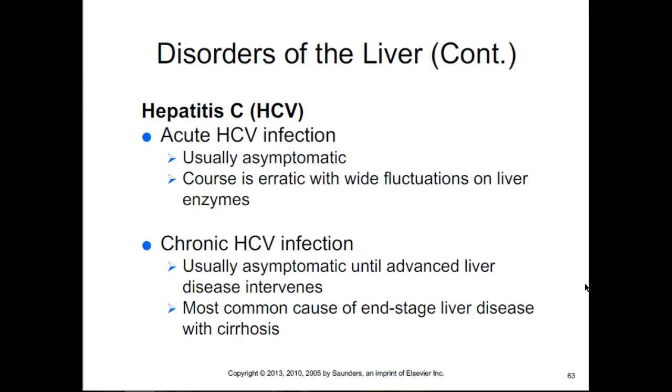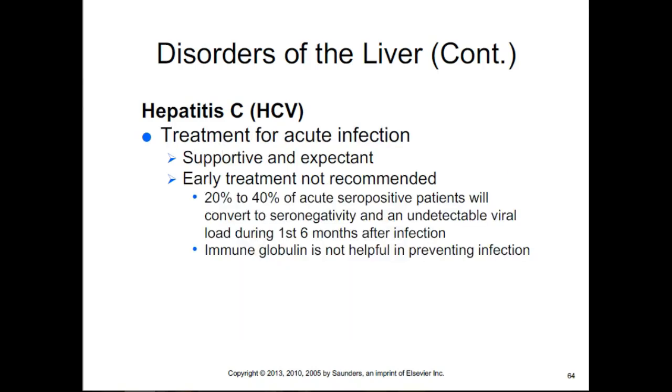That's why, I don't know if you've seen some commercials encouraging people to check if they have hepatitis C, because it is asymptomatic and could lead to problems later in life. And they have new medications that are useful for treating hepatitis C.